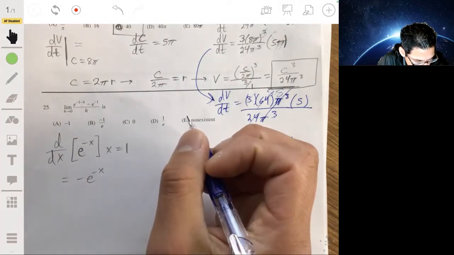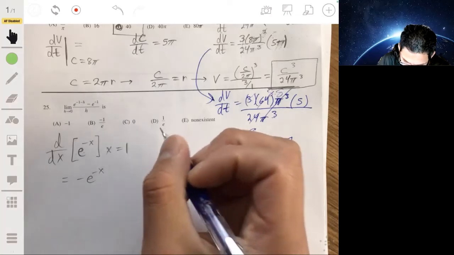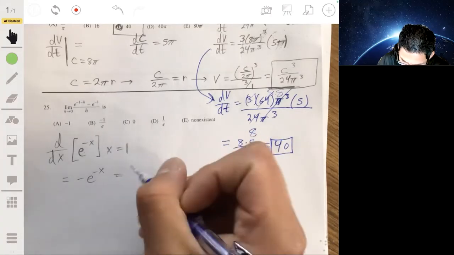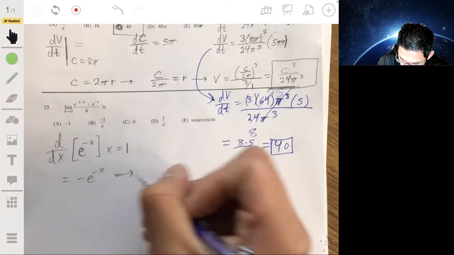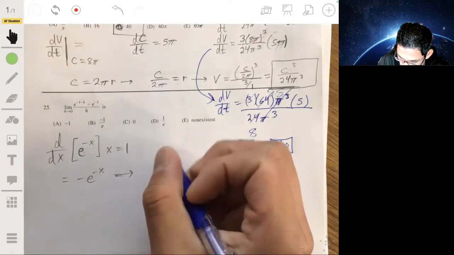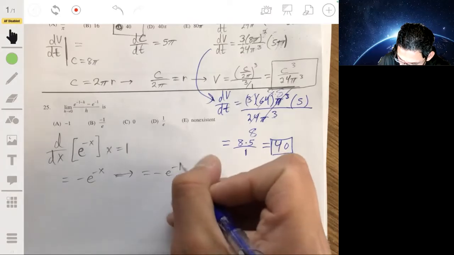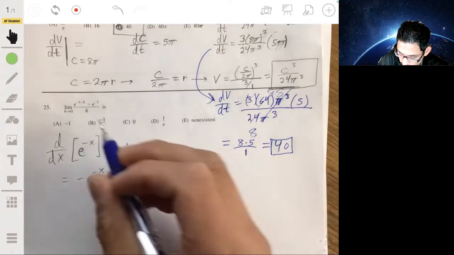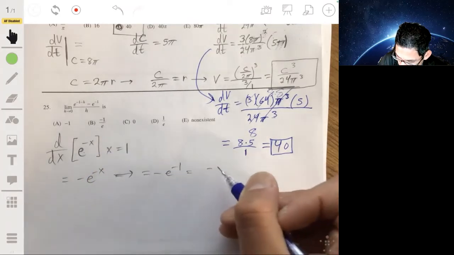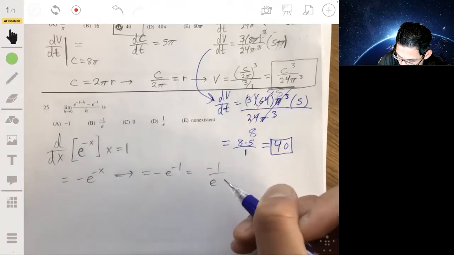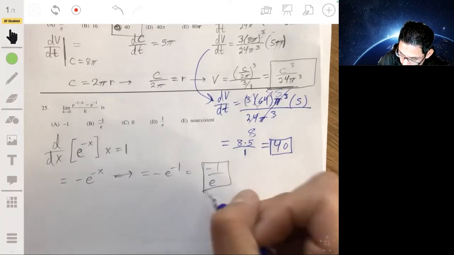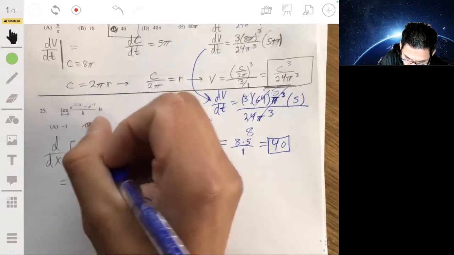And so when you evaluate it for x equals 1, this will just be equal to negative e to the negative 1. They're probably going to have it in that form, so negative 1 over e. The answer will be D.